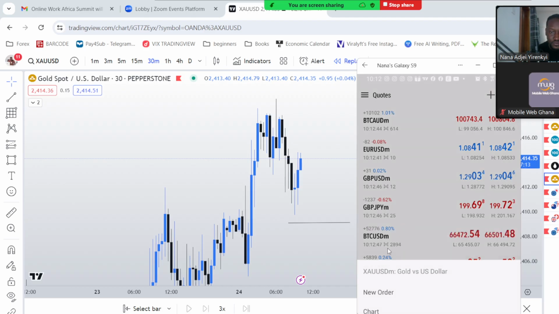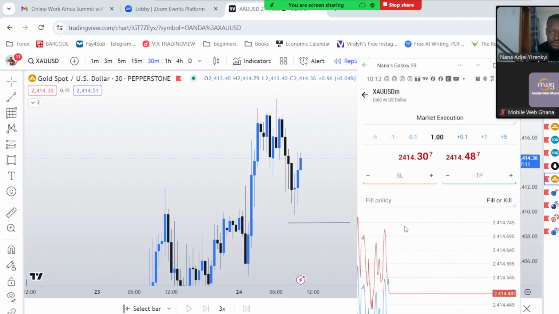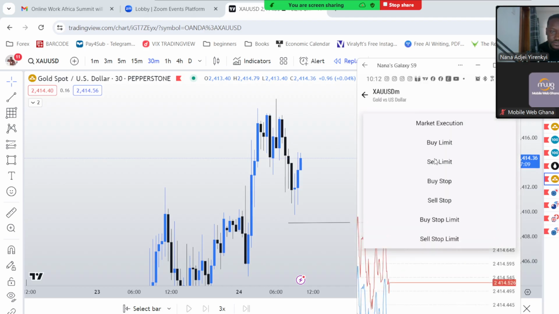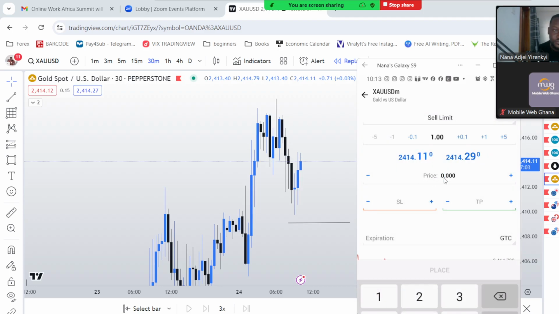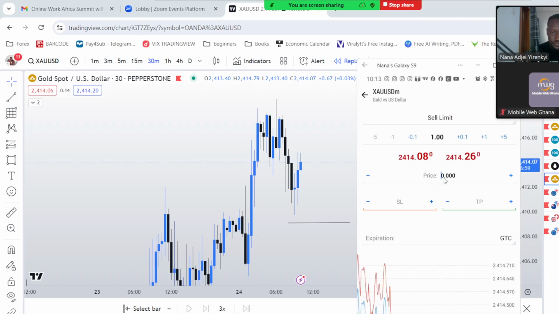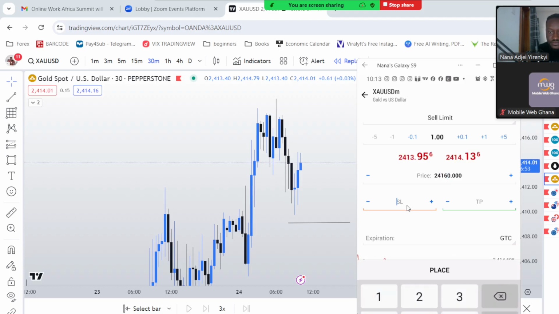You tap on new order, all right, and then you select your sell limit order, and then it's going to give you a space where you want to enter the price point above the current price level that you want to sell. So we have 2416, that is the price level we want to sell, and then you set your stop loss.